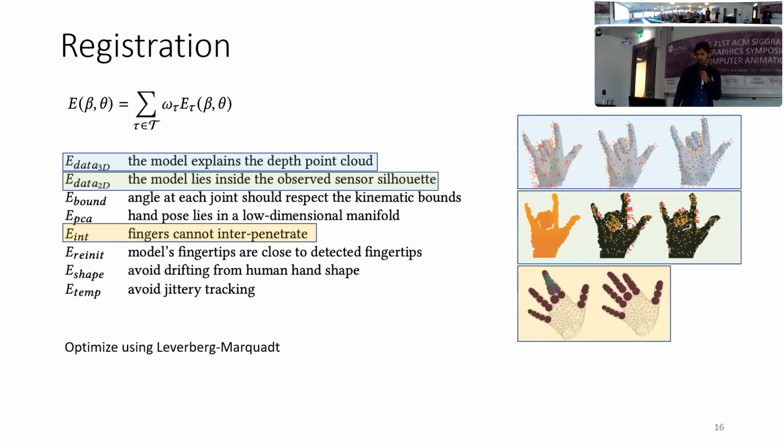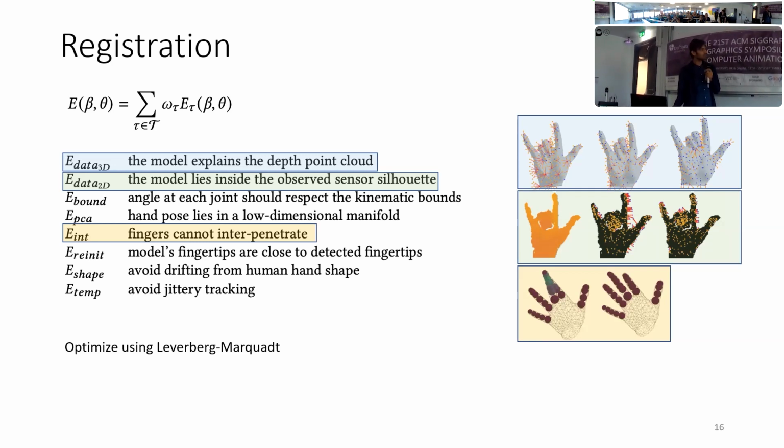We use an energy minimization framework to optimize the model parameters. Our energy is a weighted combination of multiple terms. The 3D and 2D data terms ensure that the model explains the observed data. The bound and PCA pose prior terms ensure that the pose remains kinematically valid.